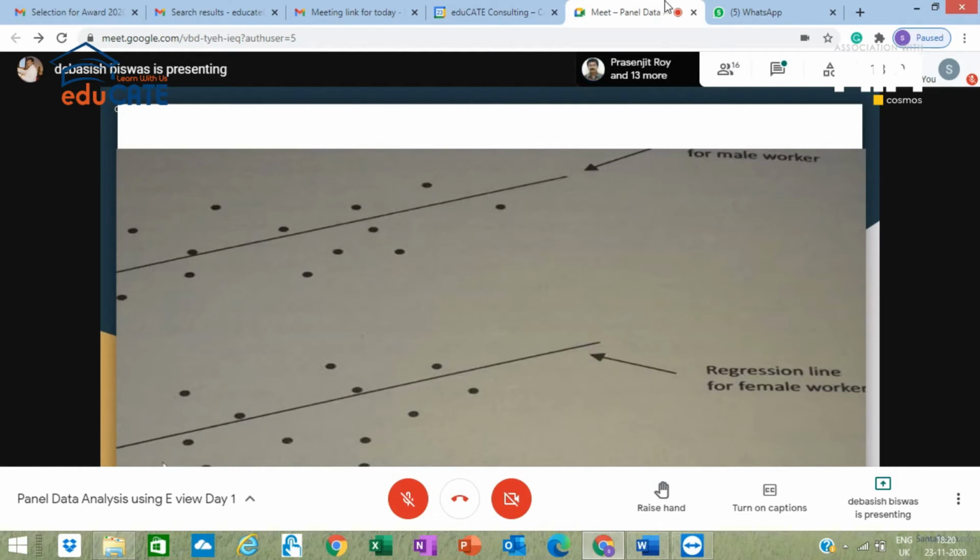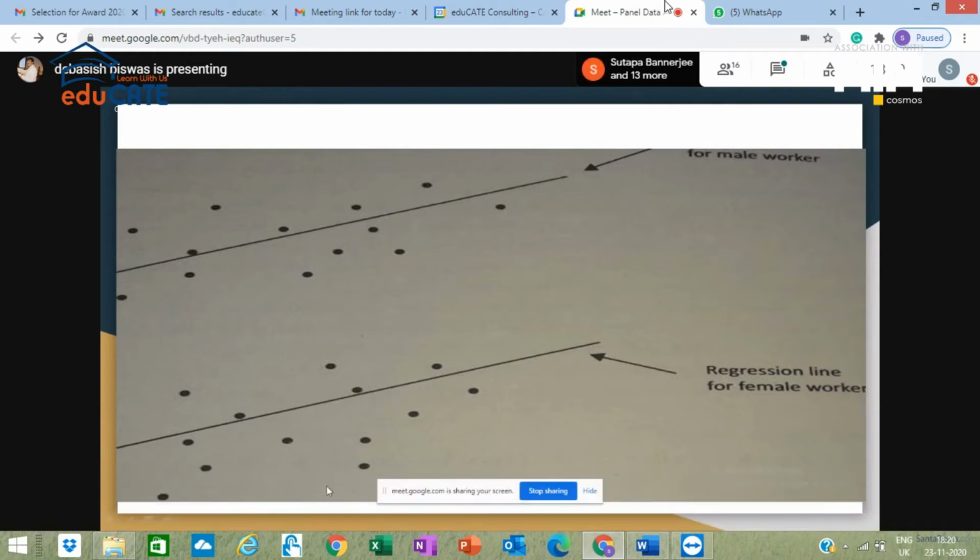Again, I'm saying along the y-axis, we are measuring the income of workers, and along the x-axis, we are measuring the level of education of workers.